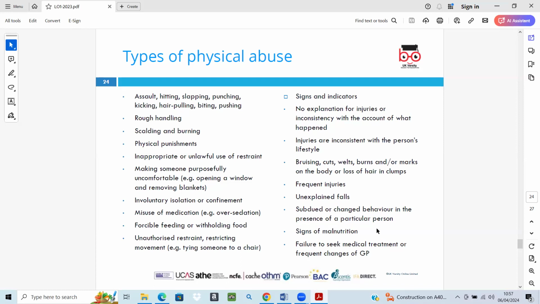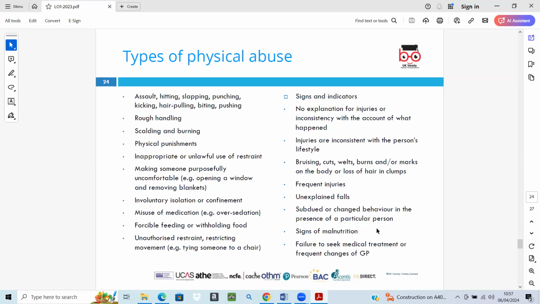And if we say that, as a caregiver or as a care worker, for example, how might we recognize the signs of physical abuse in a service user or a patient? As a caregiver, we can look for unexplained injuries, changes in patient behavior, signs of malnutrition, and any inconsistency in the patient's explanation for injuries.